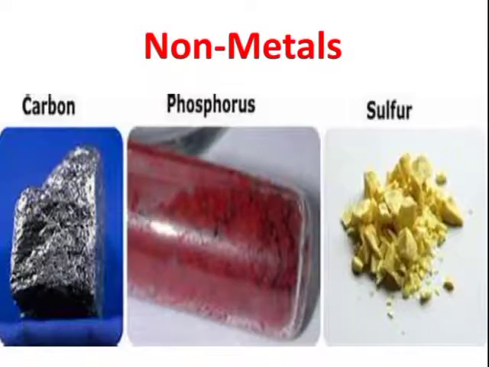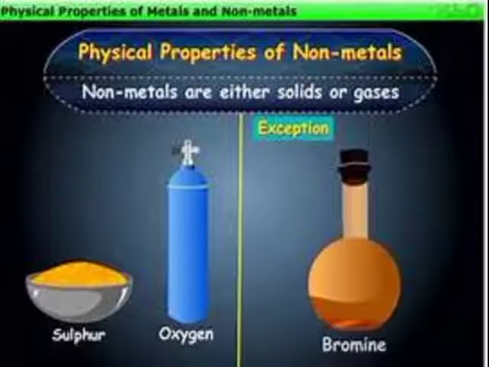Now let's see about the non-metals. Carbon, sulfur, phosphorus are a few non-metals. Generally, non-metals are brittle and non-lustrous. Now let's see physical properties of non-metals. Physical state.